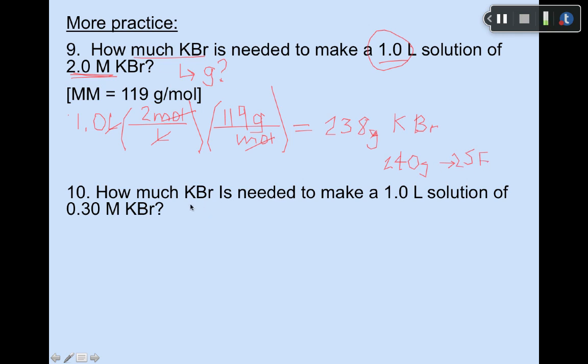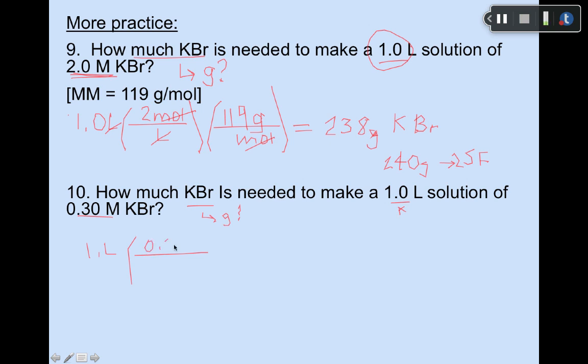And this one we have the question stated, how much potassium bromide, in other words, that's going to be grams again, is needed if you're going to make a liter solution and 0.3 moles per liter. So if we need to get grams, we'll start with the value that's not a conversion factor, 1 liter, and then put in the moles per liter over here.